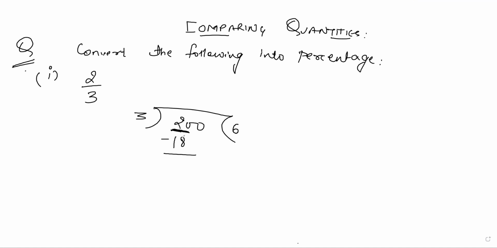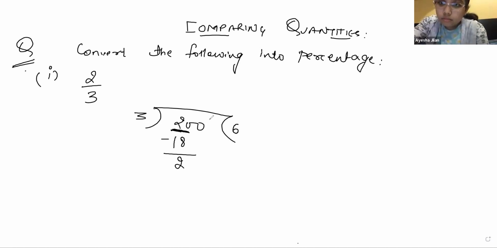So 20 minus 18 is what? 20 minus 18 is 2. Right.